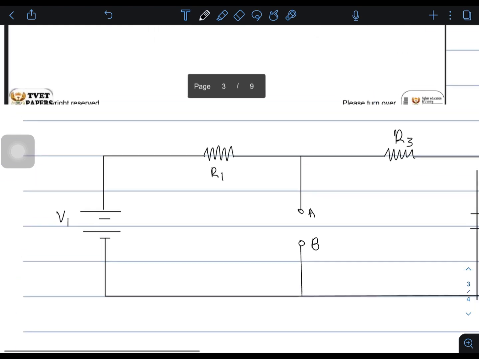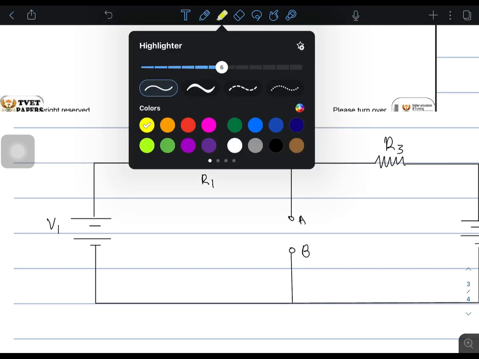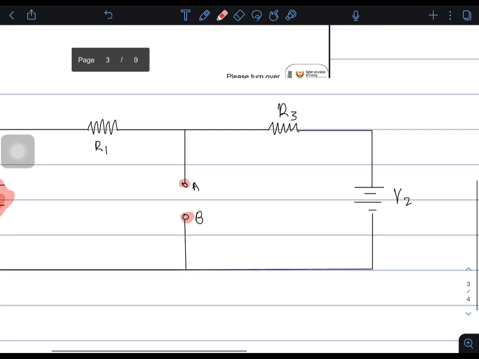So, for example, let's say I want to determine how much voltage this source is contributing to this terminal A and B. That means I'm going to short circuit this source.